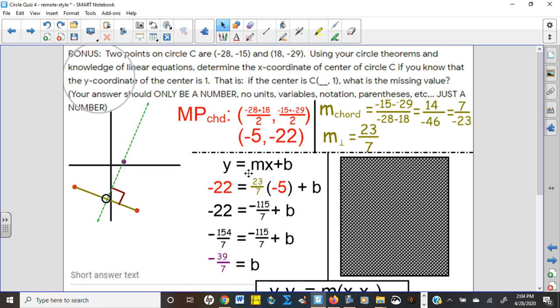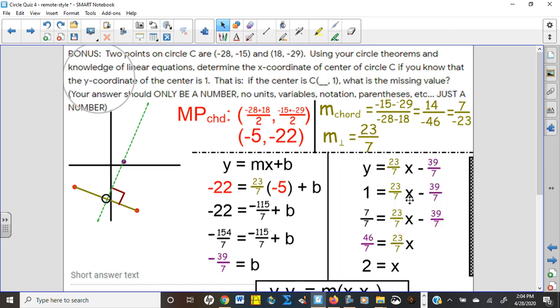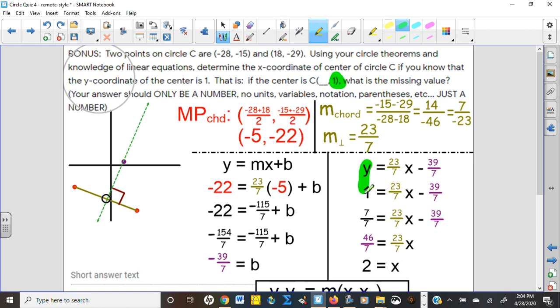Notice how I got some common denominators there. So now that I have the equation of my line, which would be y equals 23/7 x minus 39/7, I can take that hint they gave me, that value of y, and plug it in for y, leaving me only with this x value to solve for. Now, it doesn't mean it's easy because of the fractions.